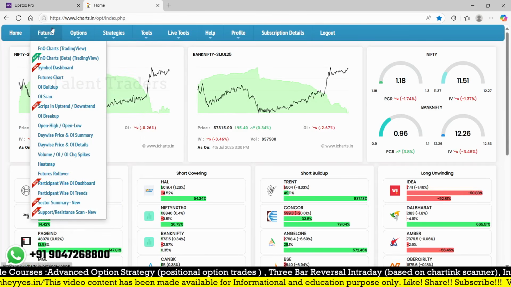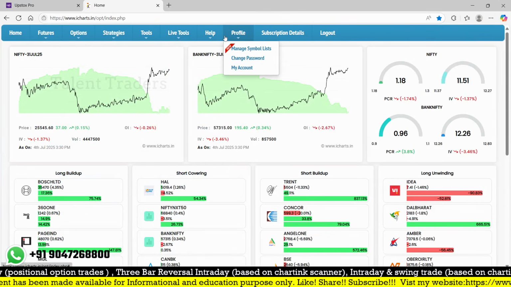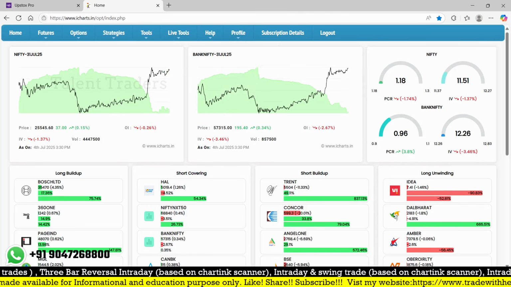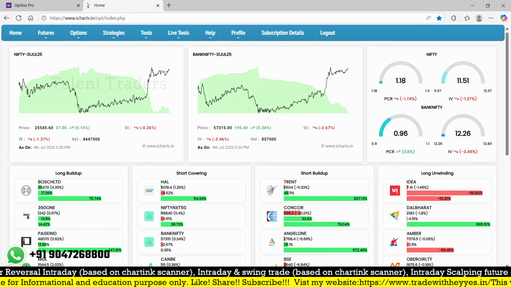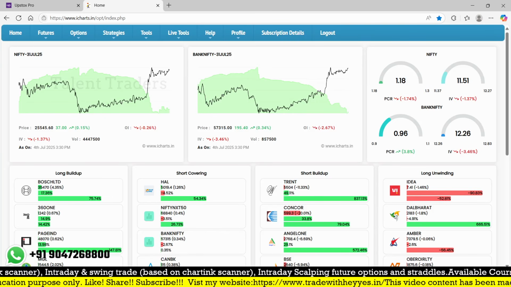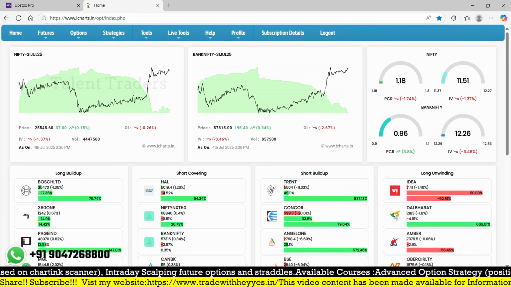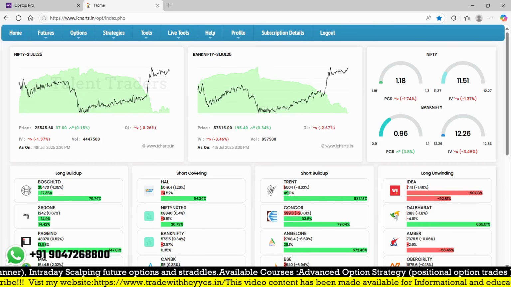There are a lot of scanners and screeners available here, mainly for options traders, but we use charting scanners and screeners to find the stocks based on conditions that are met. This particular tool will help you with option analysis.